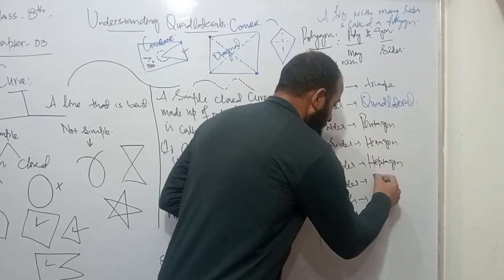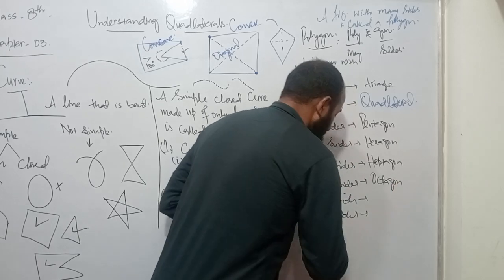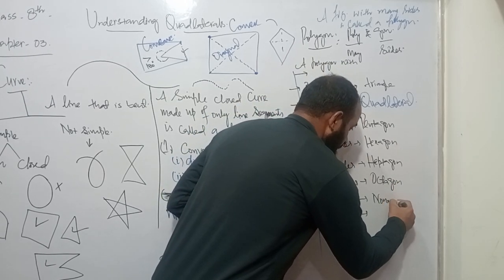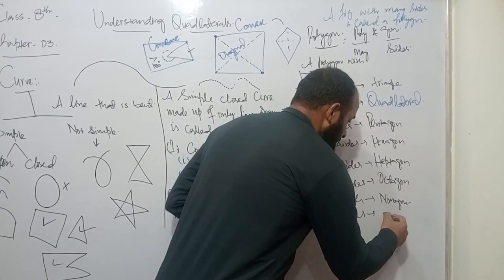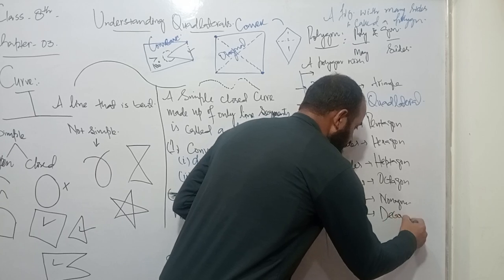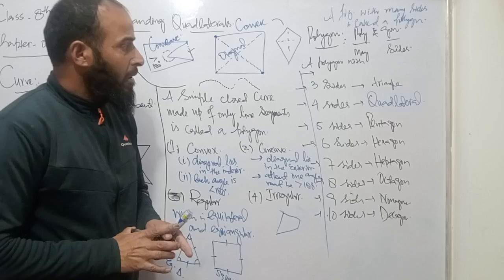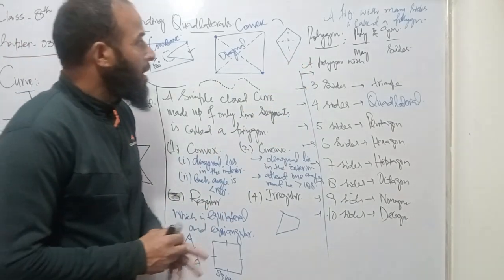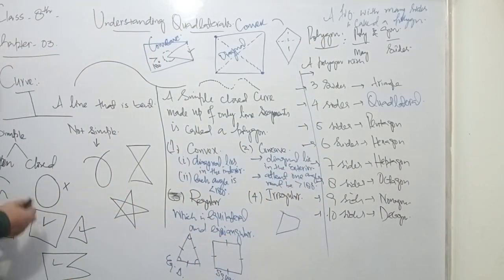A polygon with 8 sides is called an octagon, with 9 sides a nonagon, and a polygon with 10 sides is called a decagon. So this was about the polygons. I will repeat this.